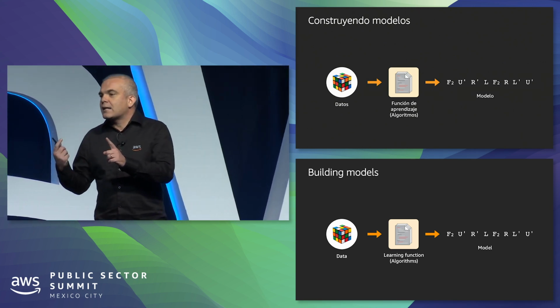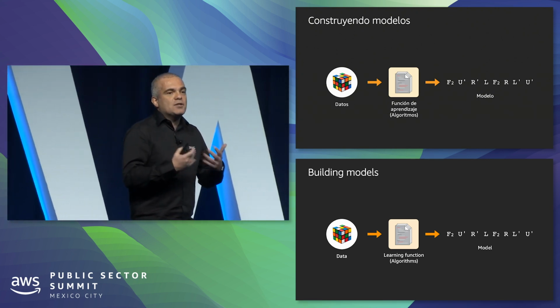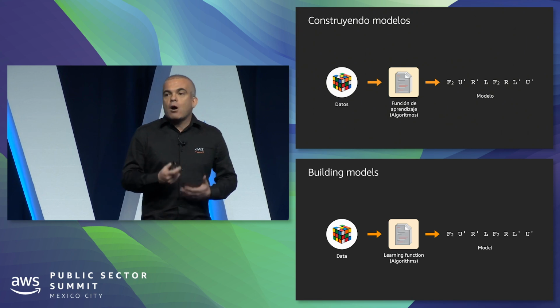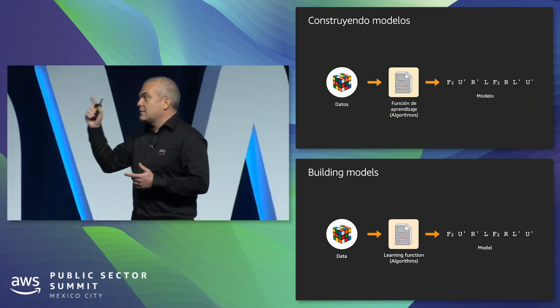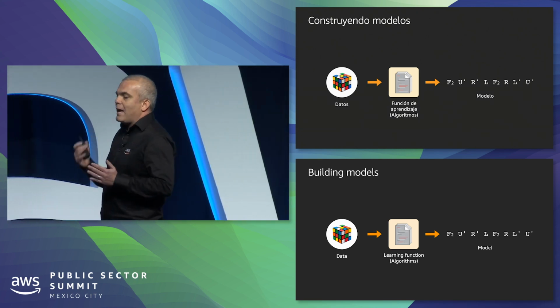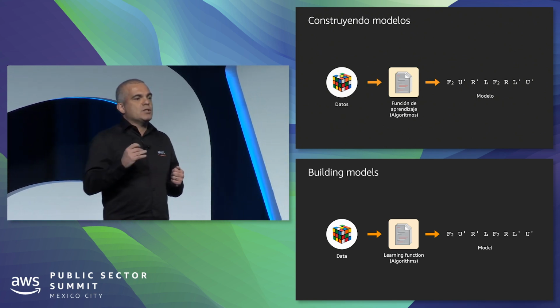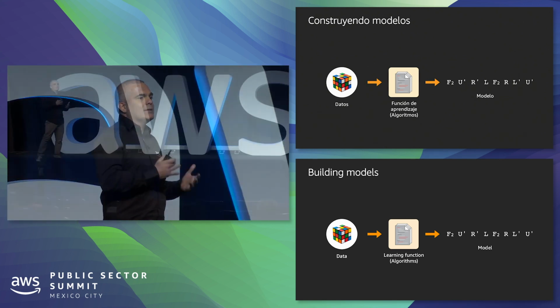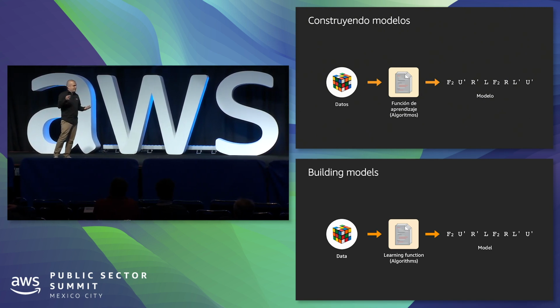Depending on the context and the data, they will take a different approach to learn how to deal with a specific problem. And as a result of the algorithms, what you have is a model, which is basically a step-by-step sequence of instructions about what the computer needs to do in order to bring the result that you need.